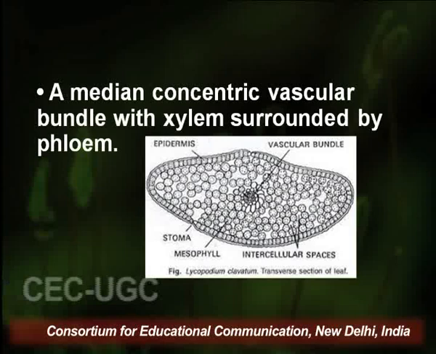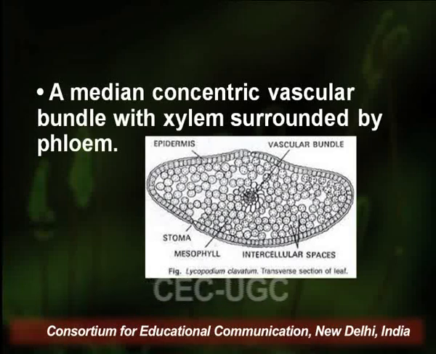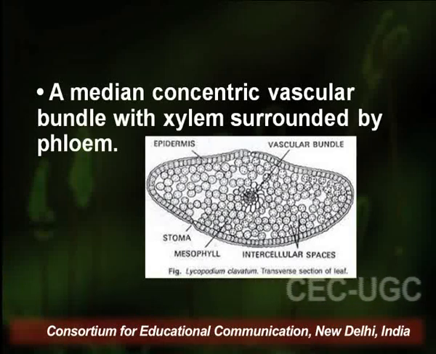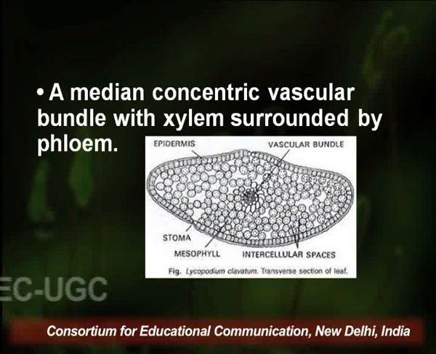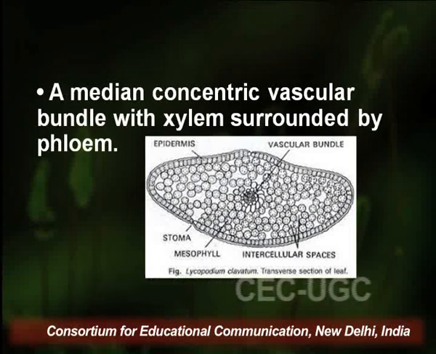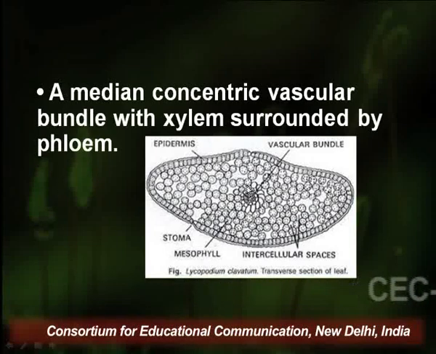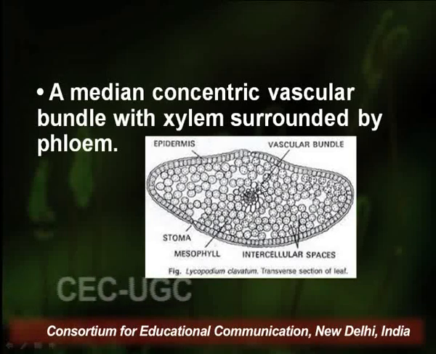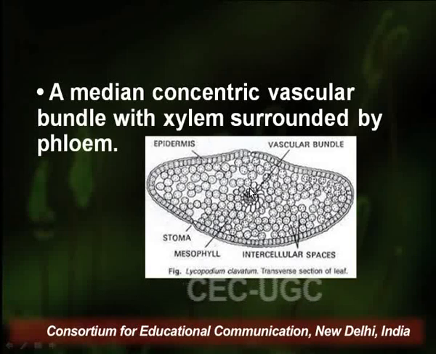A median concentric vascular bundle with xylem is also found, which is surrounded by phloem tissues. So, each leaf is supplied by one vascular bundle where xylem is surrounded by phloem.